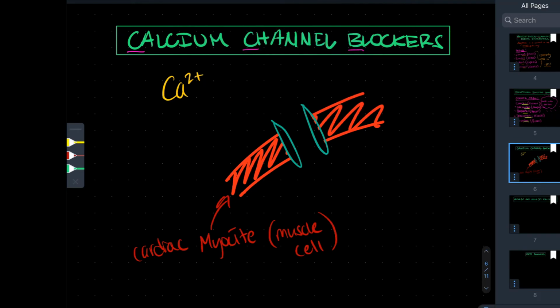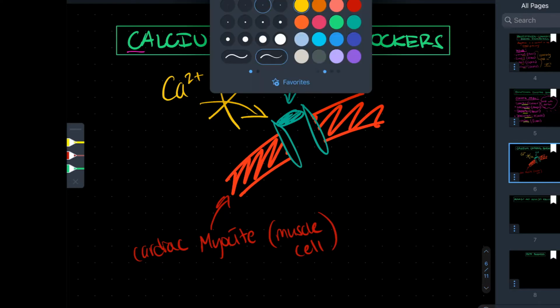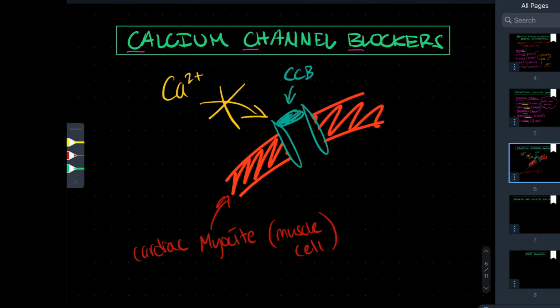So what a calcium channel blocker, or a CCB, does is it's going to plug up that hole so that calcium cannot enter the cardiac cell. And so effectively, this is going to reduce force of contractions.